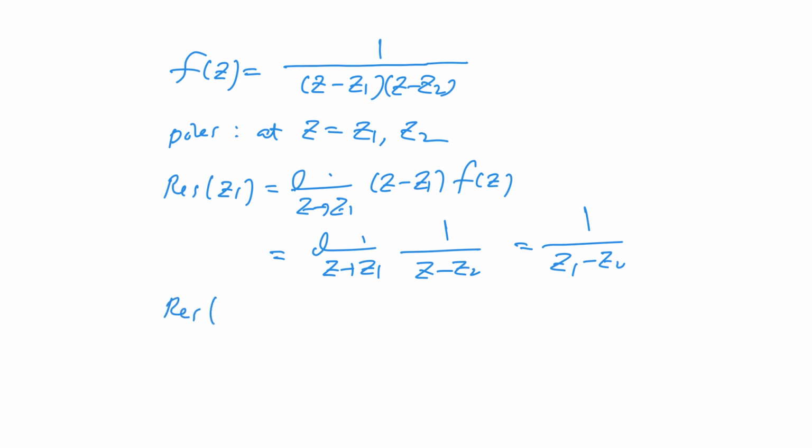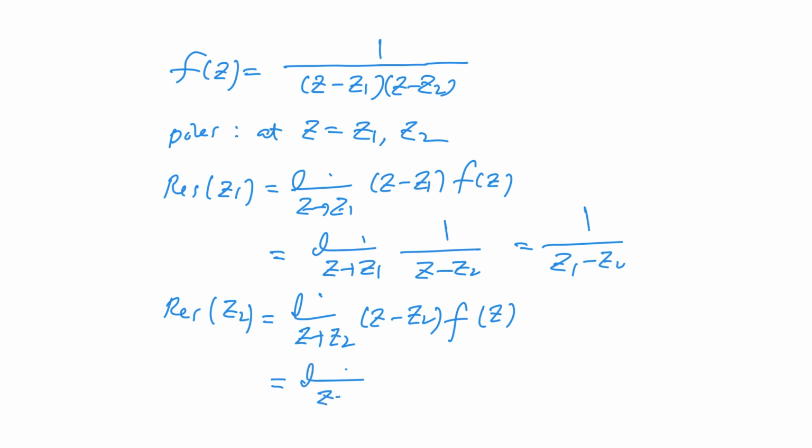The residue at c2 is, as z goes to c2, (z minus c2) over (z minus c1)(z minus c2), so 1 over c2 minus c1. That's the residue.